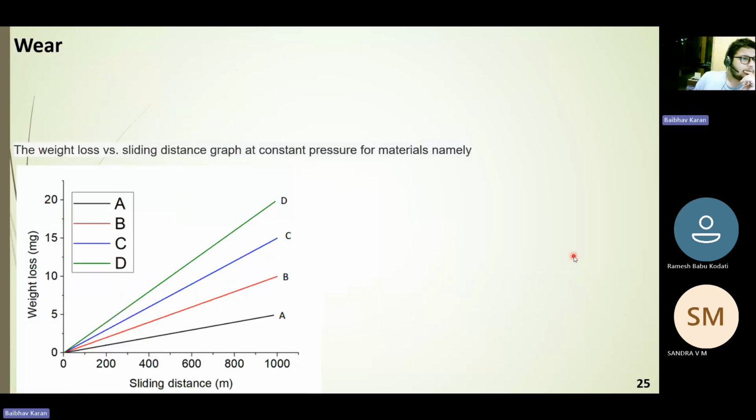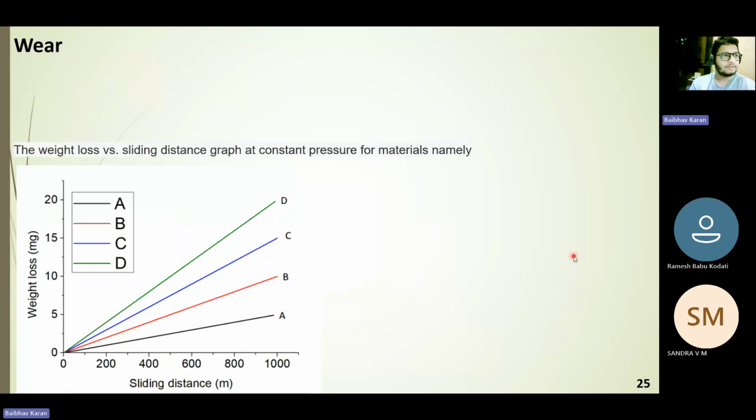So today we'll be discussing three things. One is wear. Wear is another kind of mechanical property which we take into account when we do various kinds of research. As a materials engineer, we mainly focus on the mechanical properties of the material, that is, to increase the strength of the material.